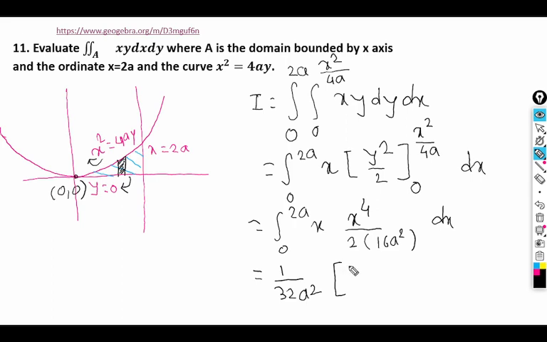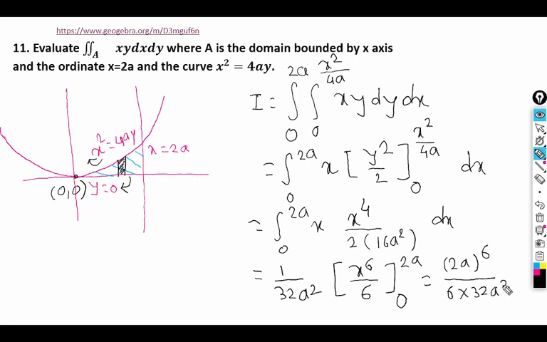The integral is x raised to 6 by 6, from 0 to 2a, and next it is 2a raised to 6 upon 32 into 6, with a square.